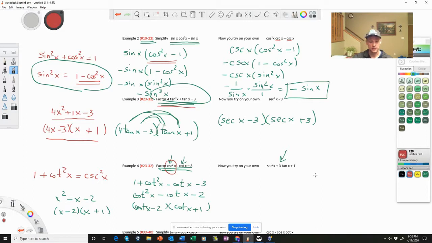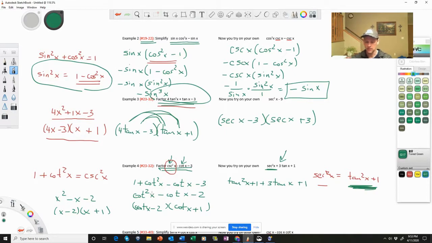Did you recognize that there's a Pythagorean identity that says that the secant squared of x equals the tangent squared of x plus 1? That's just a Pythagorean identity. So what I can now do is replace this term with this expression. So I'm going to get the tangent squared of x plus 1. That's the secant squared. Plus 3 times the tangent of x plus 1.